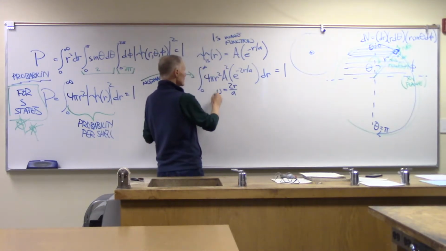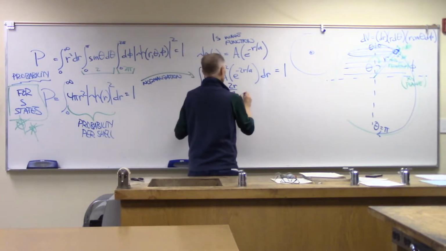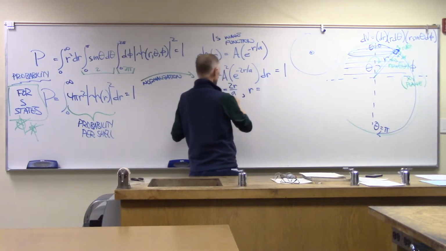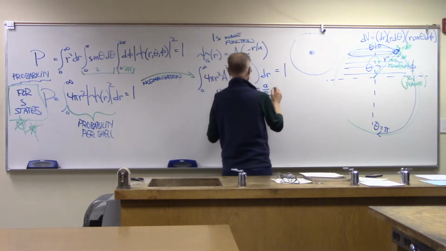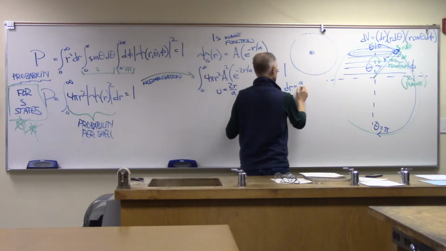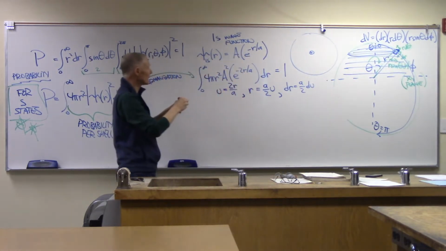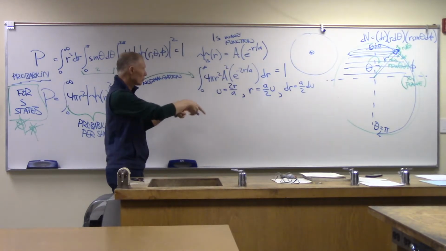Let's see what happens here. If I make this variable substitution, then r is going to be given by a over 2 times u, and finally dr is going to be a over 2 times du. So I've got all my substitutions set up very carefully, and now I'm ready to plug those in.